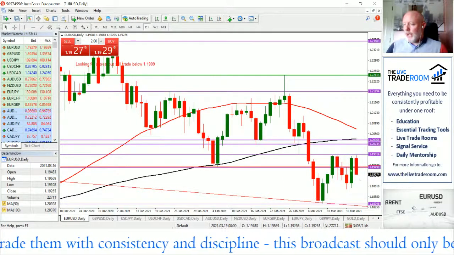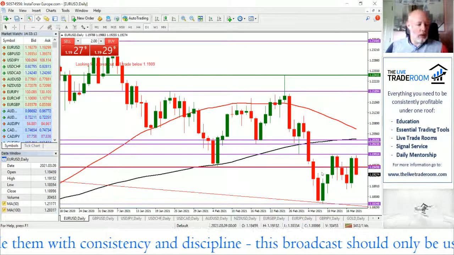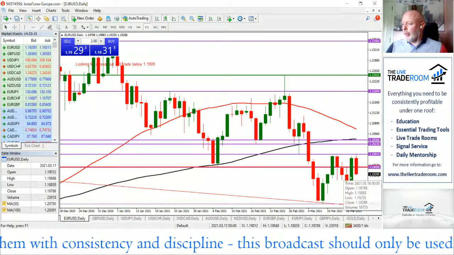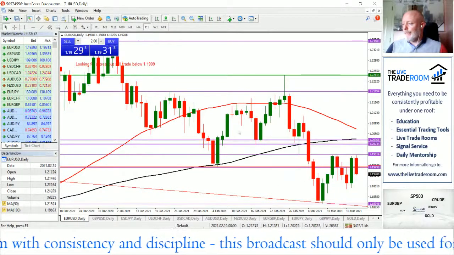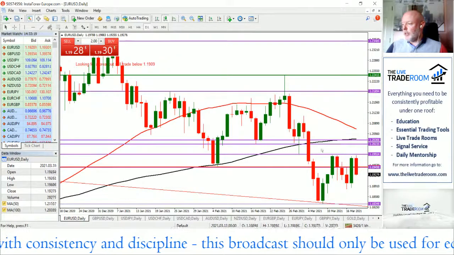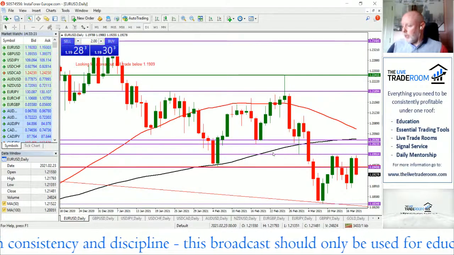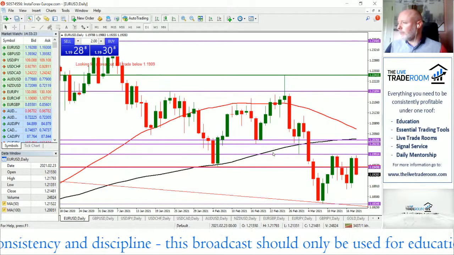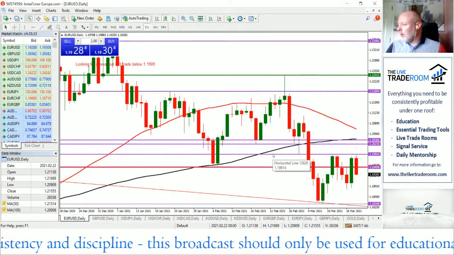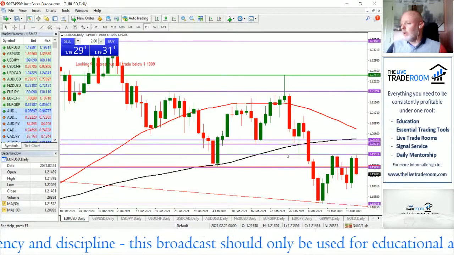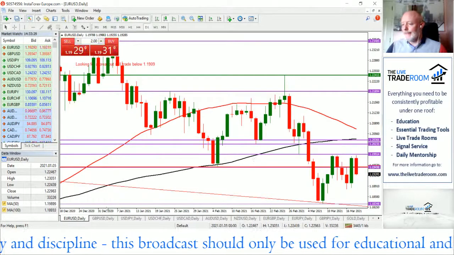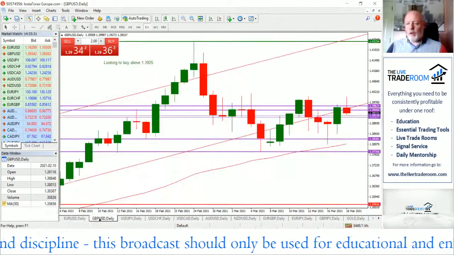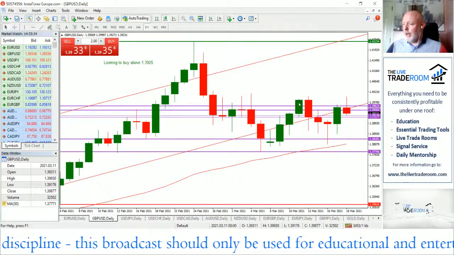We're sort of trading above and below the monthly low. So you'd have to suggest there's a bit of short-term selling pressure creeping in. So let's have a look across the other dollar pairs and see where the opportunities lie.